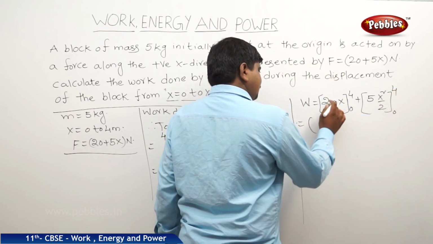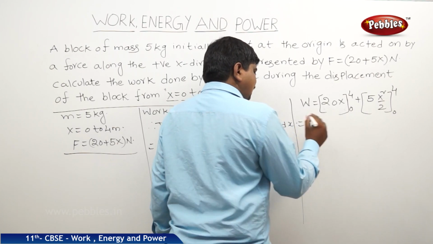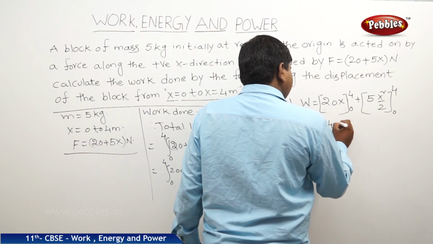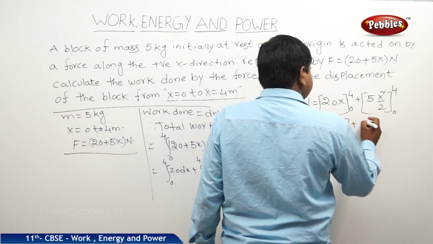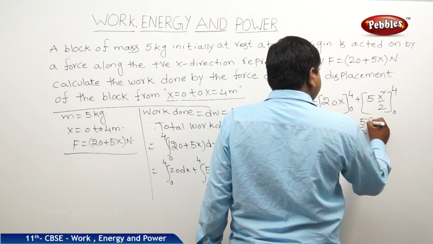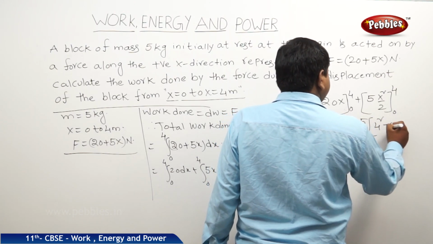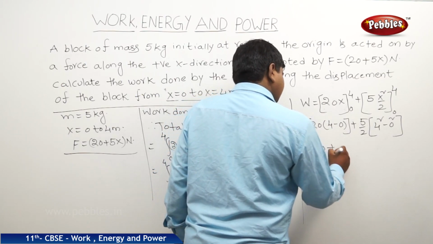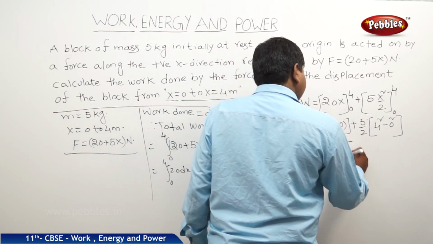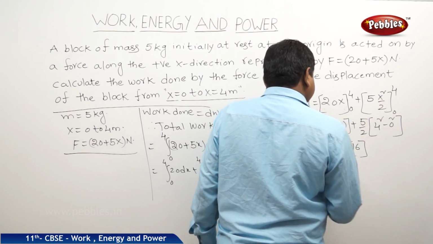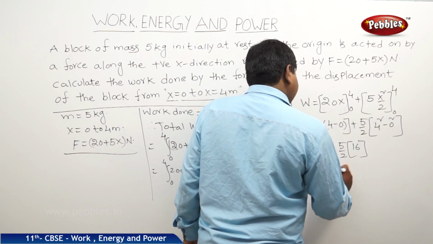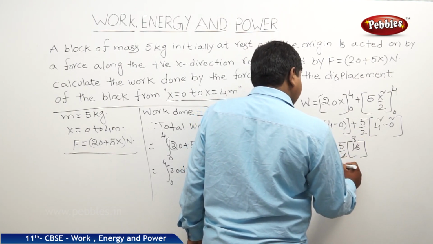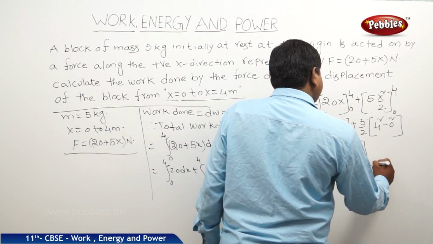So in place of x, we substitute upper limit minus lower limit. So 20 into 4 minus 0 plus 5 by 2 into 4 square minus 0 square. This is 80 plus 5 by 2 into 16. So 80 plus, 16 by 2 is 8, 5 into 8 is 40. Total will be 120 joules.